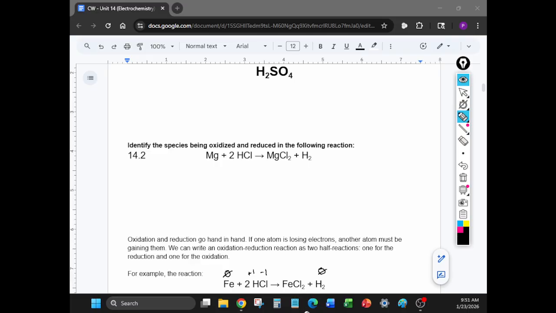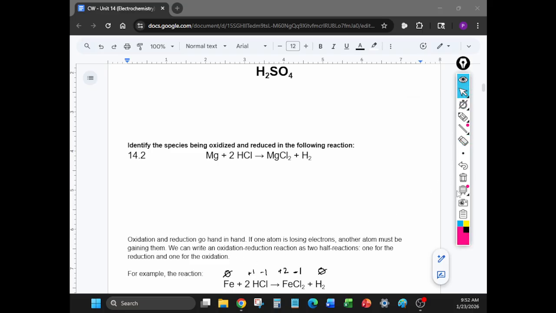Well, Fe is a transition metal, so we don't always have a most common ion for it. However, we see that it's bonded to chlorine. And chlorine's most common ion is negative 1. And there's 2 of them. Negative 1, negative 1. That means Fe has to be plus 2. Okay, so if you take a look, it's very similar to the previous example.